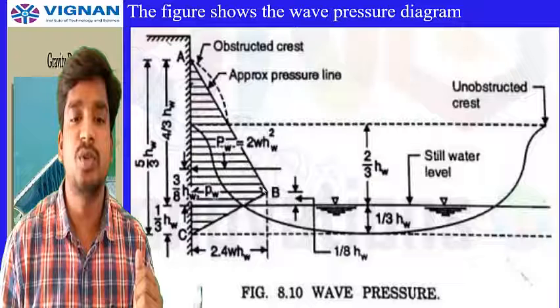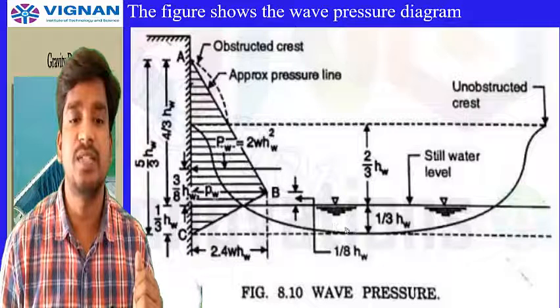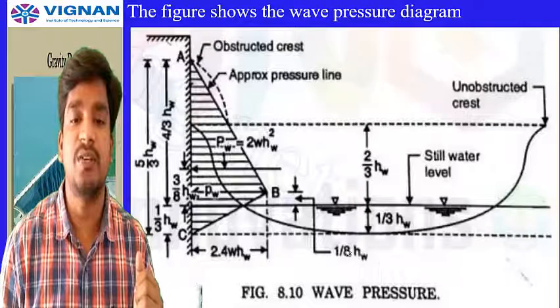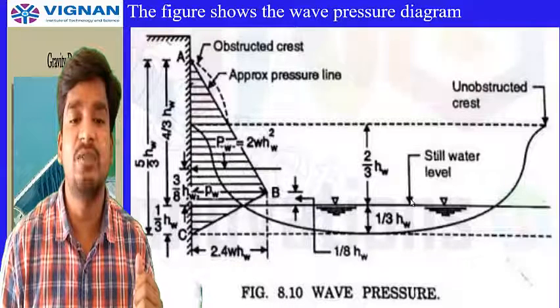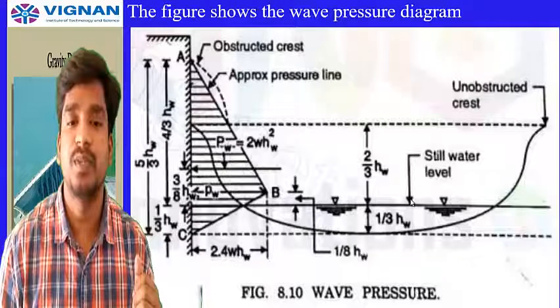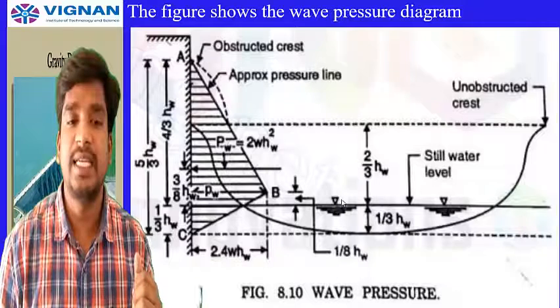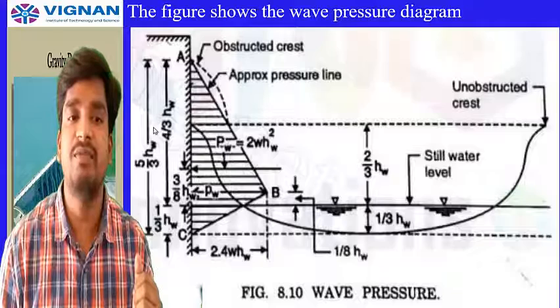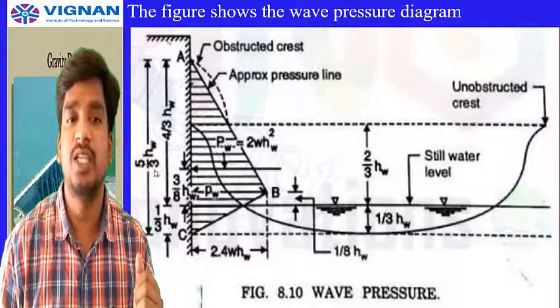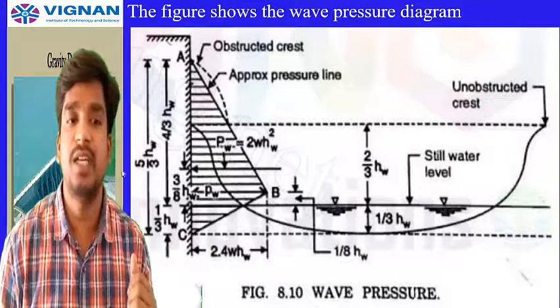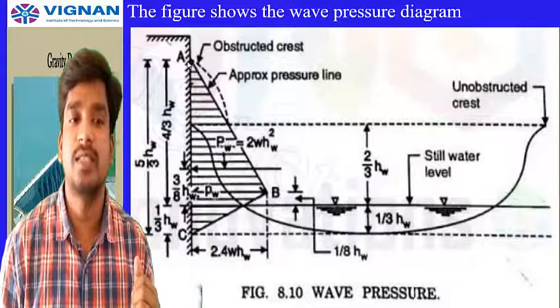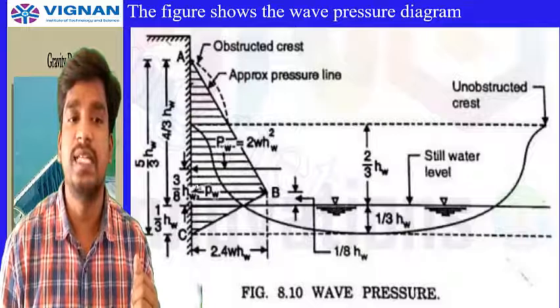Which is acting at a distance of 1 by 8 of Hw from the still surface, and it is acting at this particular point. Here the maximum height is considered as 5/3 of Hw, which is taken as the distance over which the force acts on the dam.